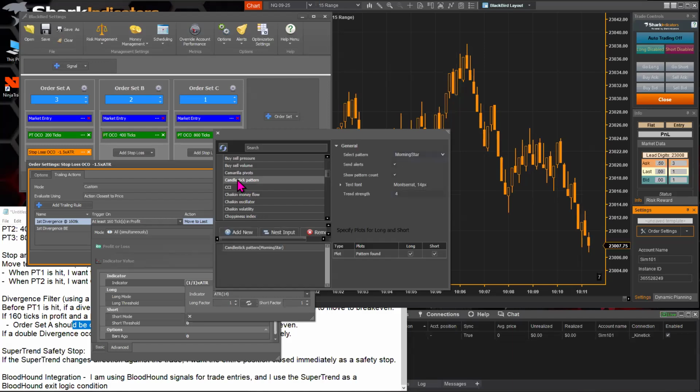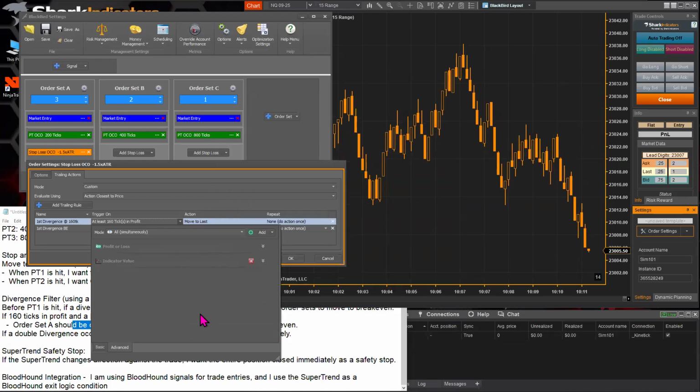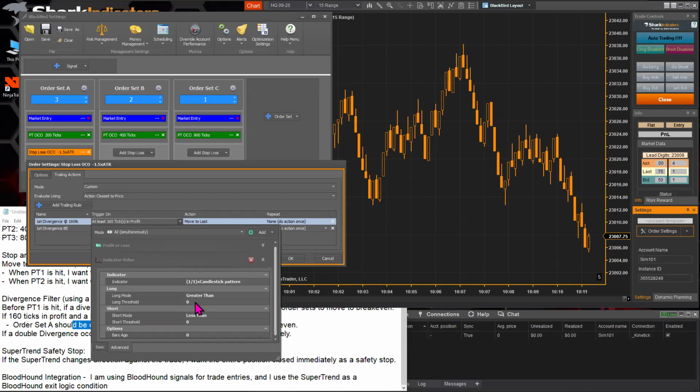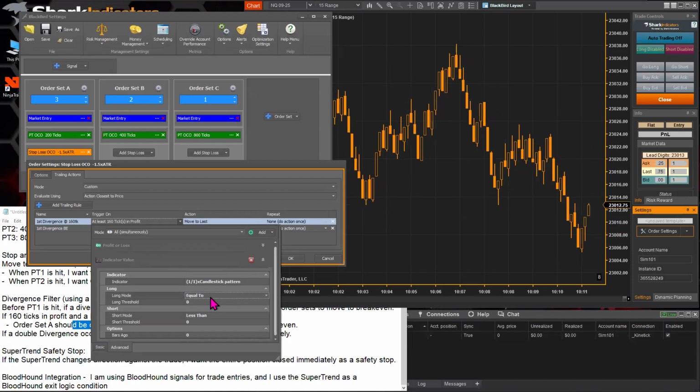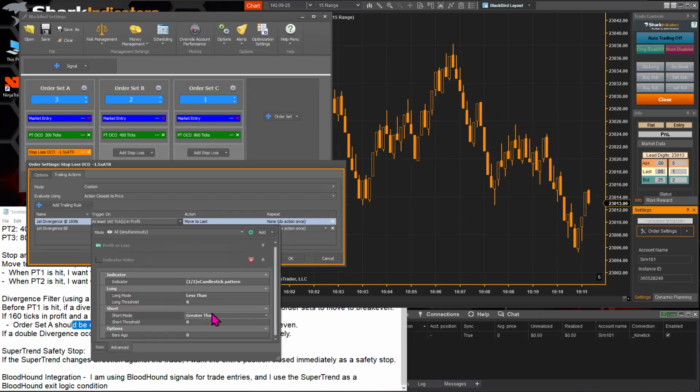And again, I'm just going to plug in the candlestick pattern just so I have a placeholder in there. And let's open that back up and flip these around. Flip the condition. There you go, less than. This one would be greater than.